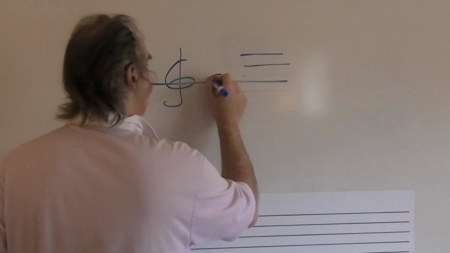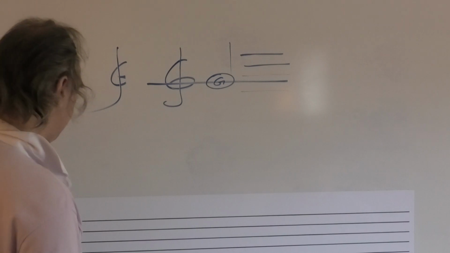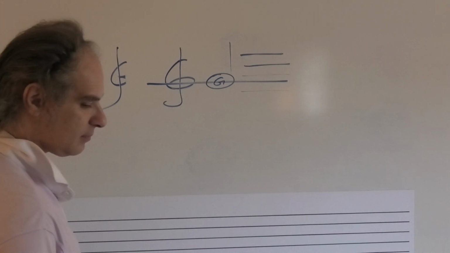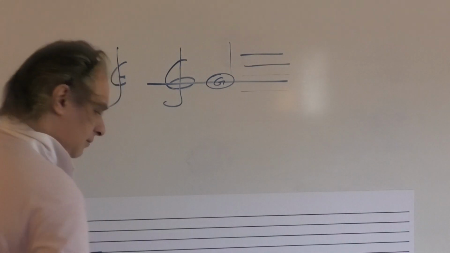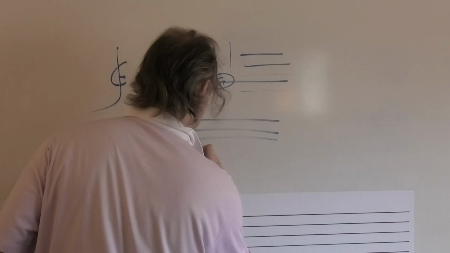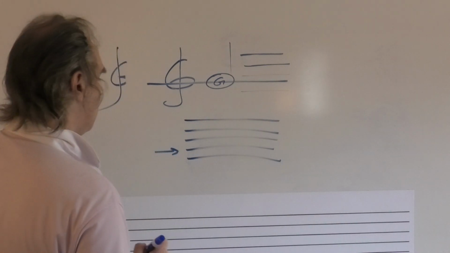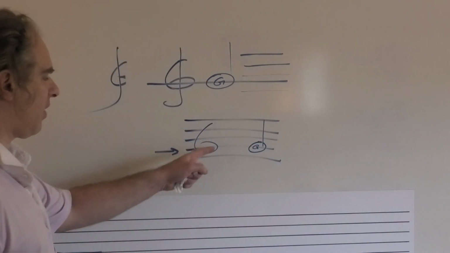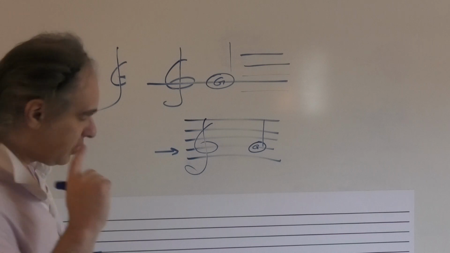Okay, that line is G. That note is G. So if you have a staff, a 5-line staff, this second line up from the bottom is G. And we're going to draw our 6 and scroll around the G. And that's how we know that's G.